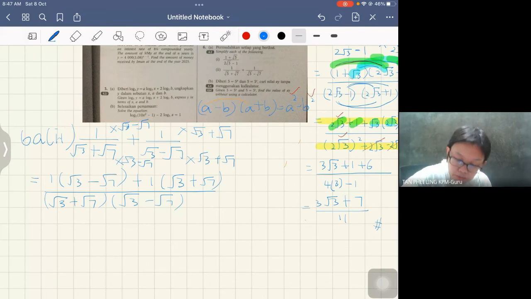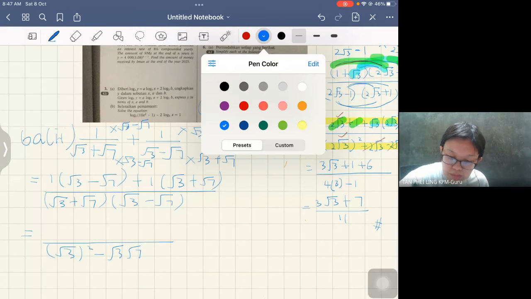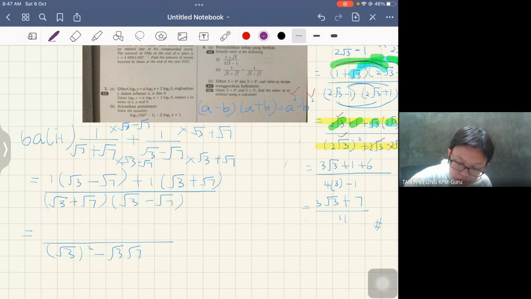Let's move on. Now you have square root 3. Remember we have to show square root 3 whole thing squared, then minus square root 3 square root 7. I do it slowly. In purple: square root 3 times square root 3, I get square root 3 squared. Square root 3 times negative square root 7, I get negative square root 3 square root 7.